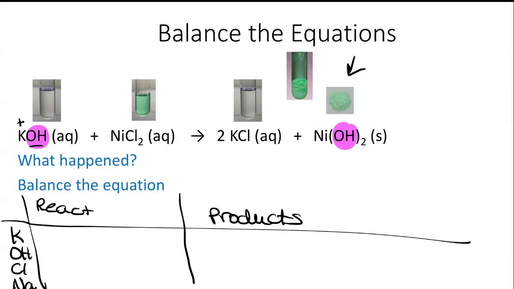For the reactant side, how many Ks do I have? 1. On the product side, how many Ks do I have? 2. For the OHs, how many OHs do I have on the left side? I have 1. On the right side, how many do I have? I have 2 OHs.